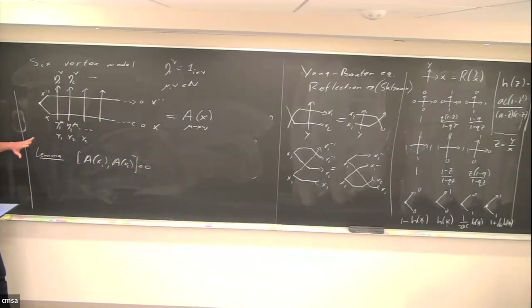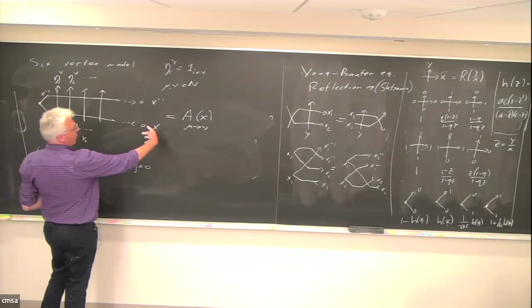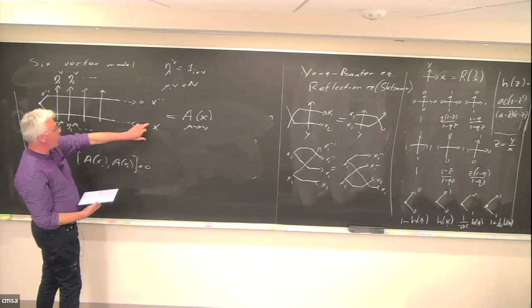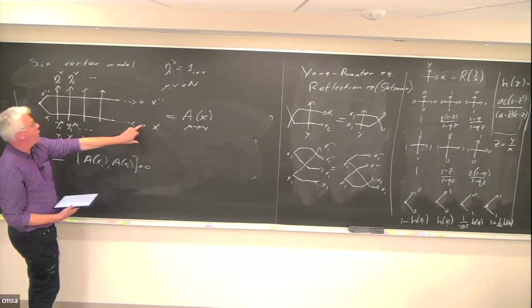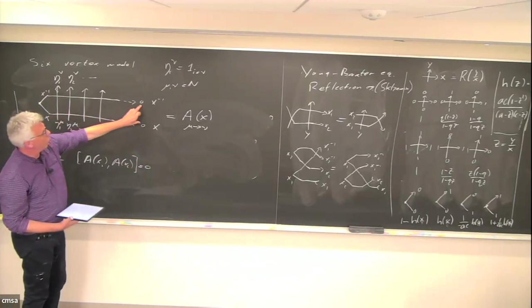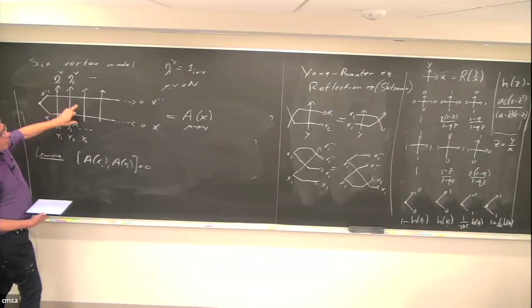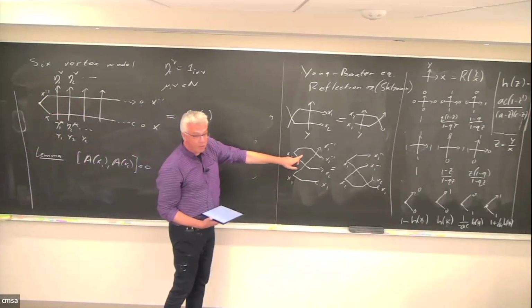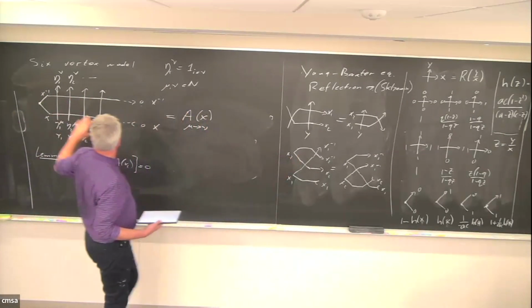So just imagine, I'll do a picture with the second relation, which is a bit more interesting. I have 2 of these on top of each other, and you stick an R matrix sort of in between them in the center, and you pull it all the way to this side. And I do the same with the top 2 rows, pull an R matrix to that side, then I sort of get this picture on the left-hand side.